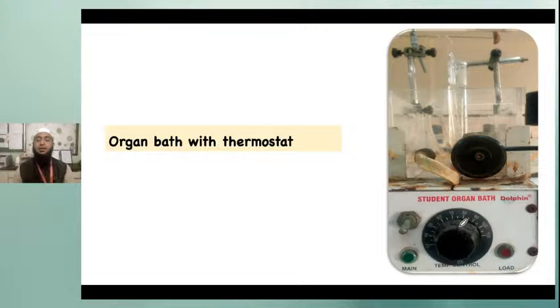Generally, in the bioassay of an organ or tissue, you need to set the temperature at 37 degrees Celsius, because when the tissue is removed from the body, if you want to keep it alive with its proper physiology, you need to maintain body temperature. In an animal like the guinea pig or any living system, the body temperature is 37 degrees Celsius.